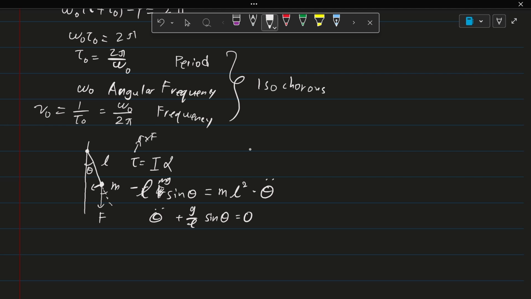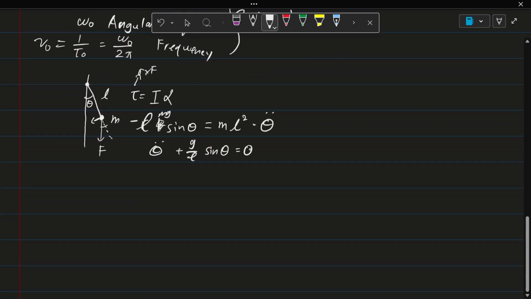But if you look at the details, you would notice that sine theta in itself has a Taylor series which corresponds to theta. So for very small angles, you could just assume that this would be theta double dot plus g over L theta is equal to 0.